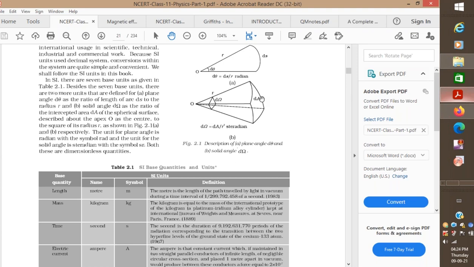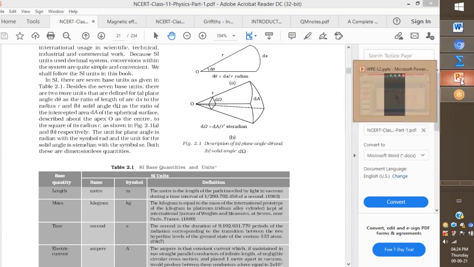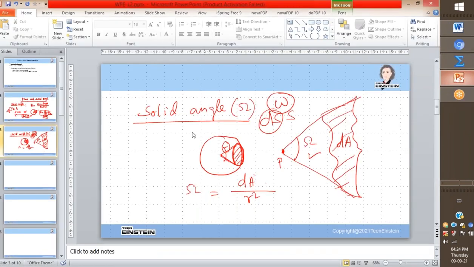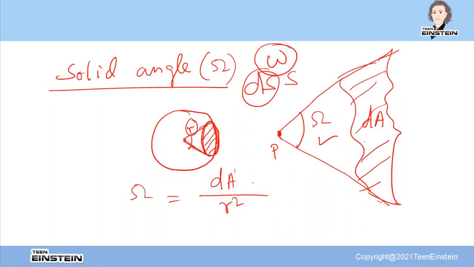I can take the whole sphere. So for the whole sphere, how much is this area? This area is 4 pi r square. So what will be the whole solid angle? From here you can find out the total area of the sphere, 4 pi r square. So you just strike out the r square. Suppose this is d omega.